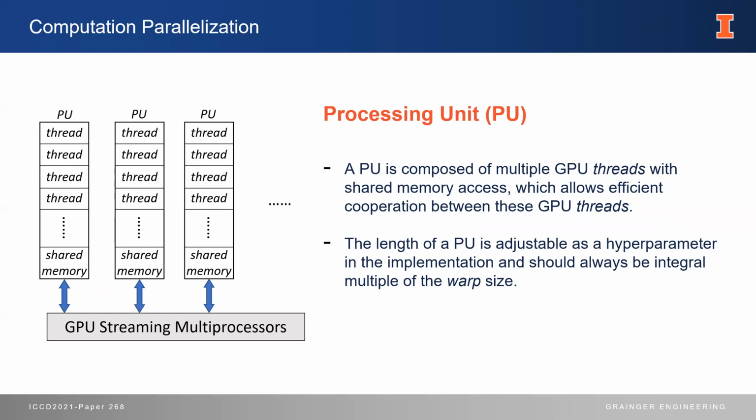The length of the processing unit is decided by two factors. The first is how large the current workload is, in terms of the read and haplotype lengths of the DNA sequences, and also the warp size of the GPU the algorithm is running on.